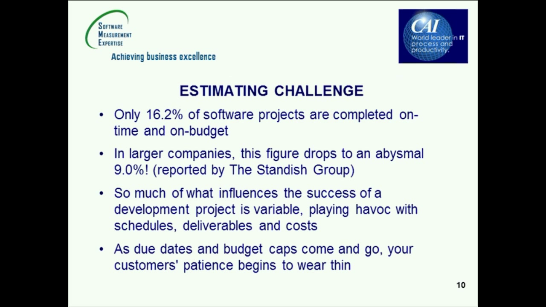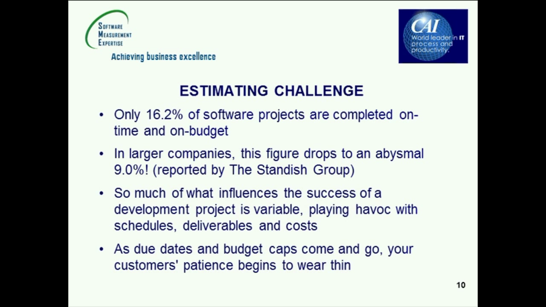Moving on. Estimating challenge. These first couple of bullets to me are very staggering and alarming. Only 16.2% of software projects are completed on time and on budget. And in larger companies, as reported by the Standards Group, this figure drops to only 9%. I spent about 20 years as a developer, and I guess I probably shouldn't be astounded by those figures, but they are pretty alarming.